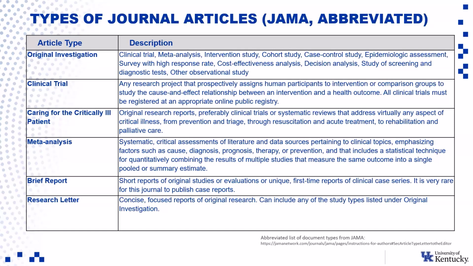And it's important to keep in mind that each journal often has its own list of articles. So the Journal of the American Medical Association has 17 different types of articles that it will publish.